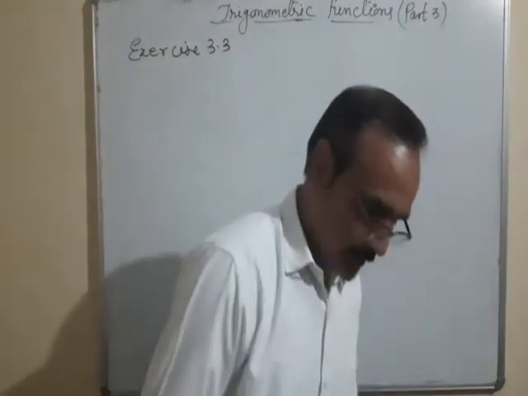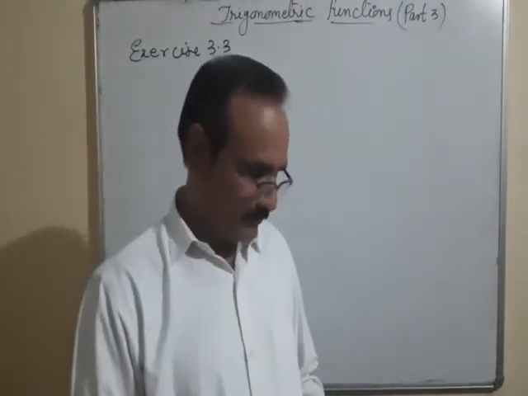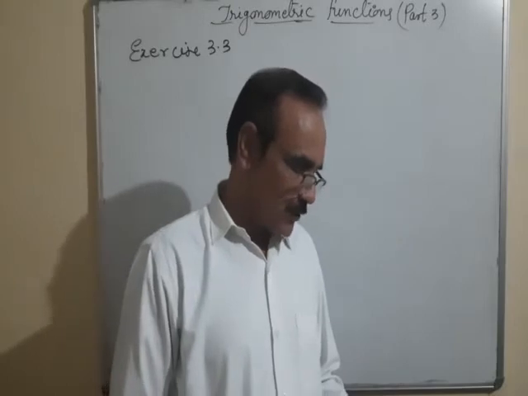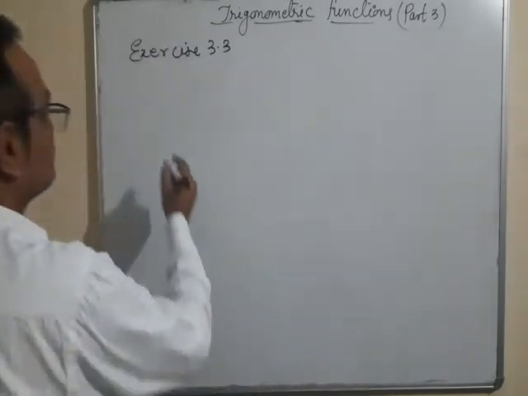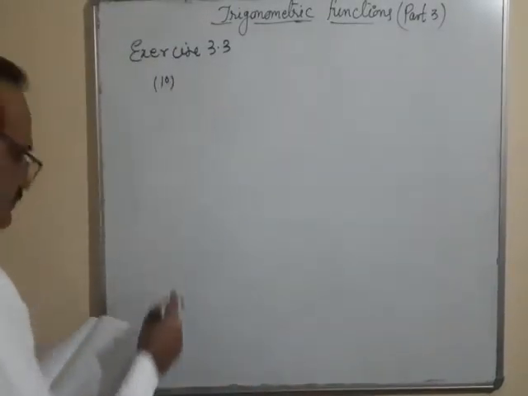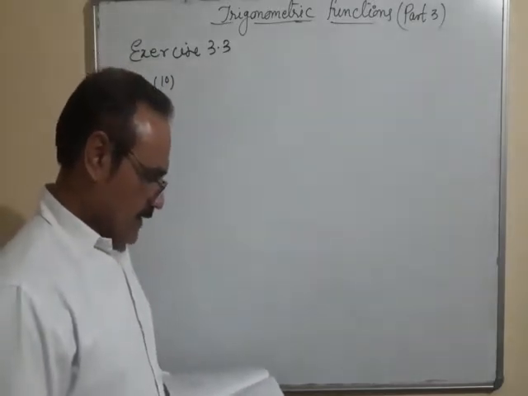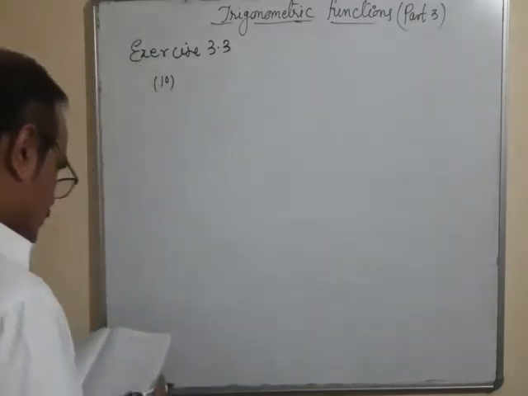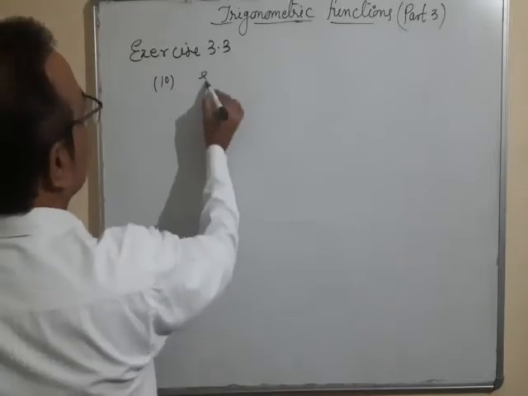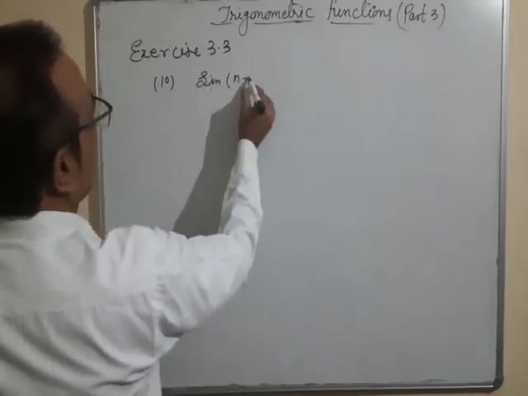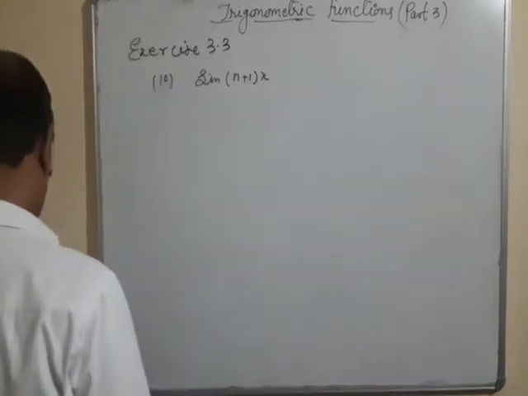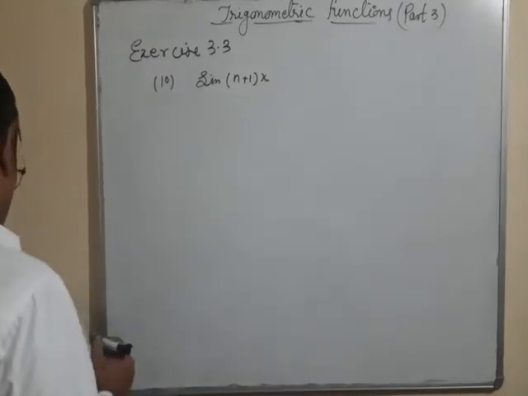Now I want to take a question, question number 10. Sin(n plus 1) into x, sin(n plus 2) into x, and sin(n plus 1) into x, sin(n plus 2) into x.